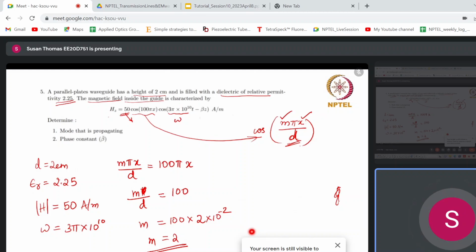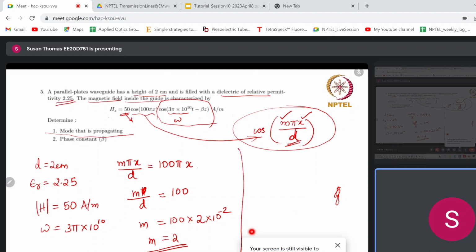The first part of the question is now answered: just look at the expression for the magnetic field and conclude the mode number. The second part is of the form cos omega t minus beta z, and the first part is of the form cos m pi x by d, which gives us the mode number. Equate it to 100 pi x and you find the mode number.